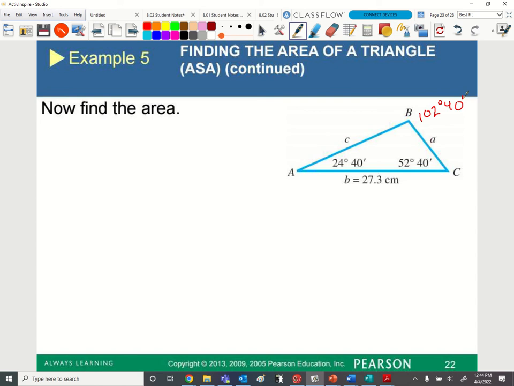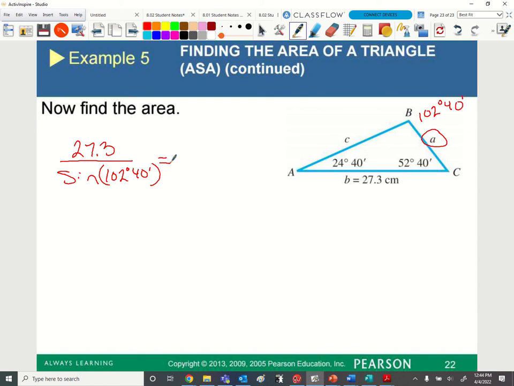So I'm going to do this one. I need to start with a value that I know. So that's going to be 27.3 divided by sine of what? 102, right? Because it goes big B, little b, or little b, big B. Sine of 102 degrees, 40 minutes.